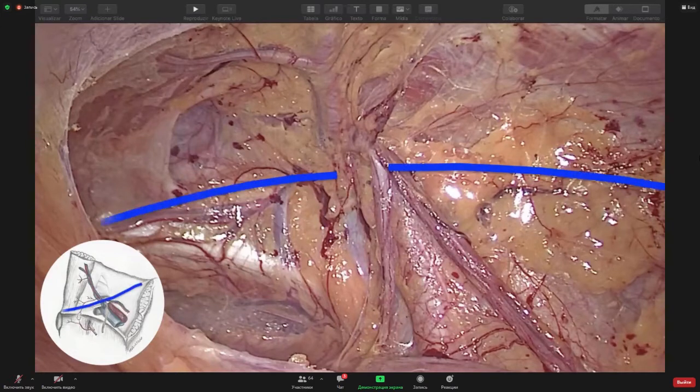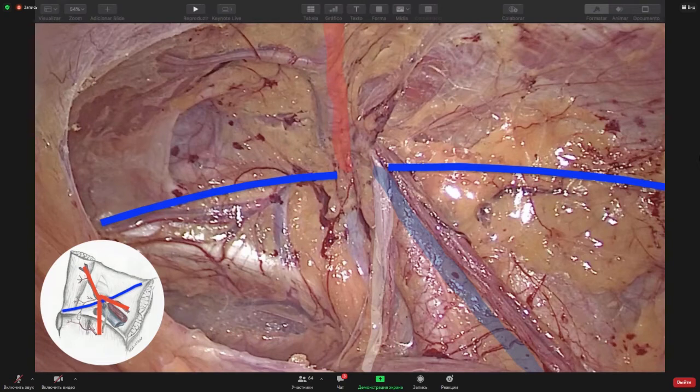This is the iliopubic tract. Here we have the epigastric vessels in the anterior part of this region. And we have two important structures, the vas deferens and the spermatic vessels. It looks like an inverted Y. When I see this inverted Y and the iliopubic tract, I can divide my space into 5 triangles.